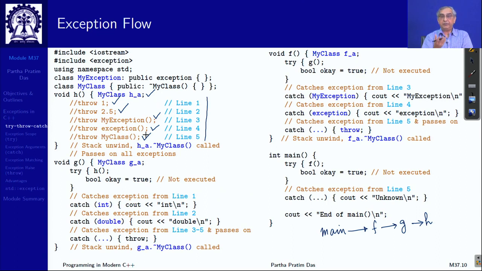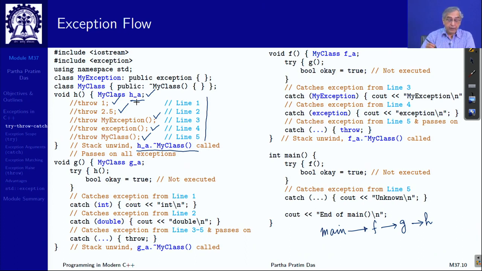In every case, you will have to construct the object and throw. If it is a built-in type, you can just throw the literal. Now, one thing common that will happen when any throw happens is, since the control goes out from the context of H, the object which was local automatic here will have to be destructed, and this will be destructed at this point.